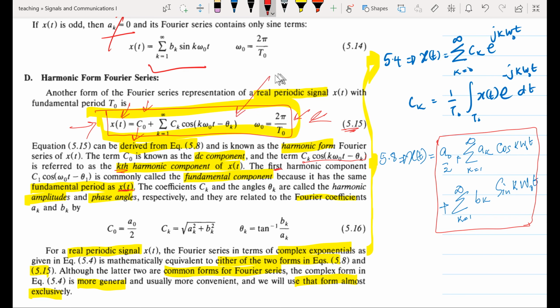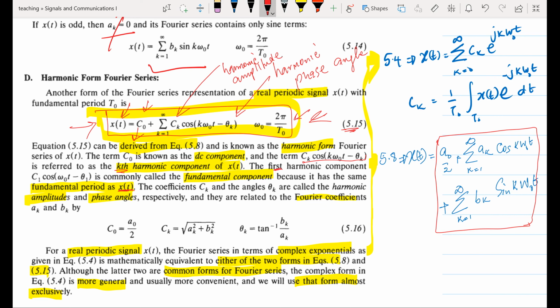So we might have the first harmonic phase angle, the second harmonic phase angle, etc. Similarly, Ck is considered the harmonic amplitude, so we might have the first harmonic amplitude, second harmonic amplitude, etc.